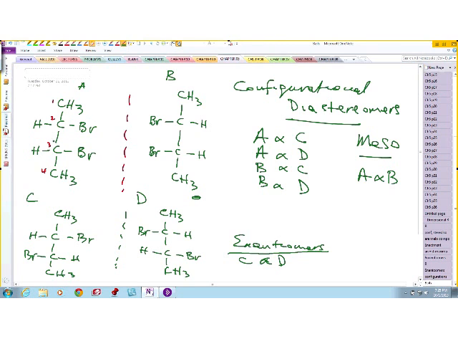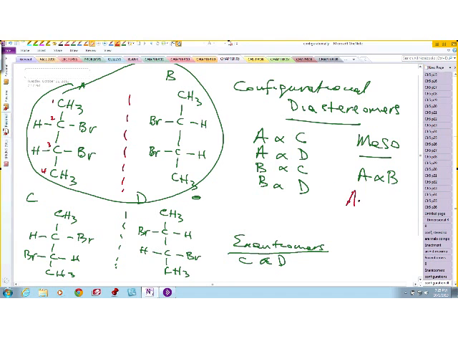And that is why in this molecule the maximum number of stereoisomers you have is only 3, because A and B are essentially the same thing. Because A and B will superimpose on their mirror images, we say meso compounds are achiral.